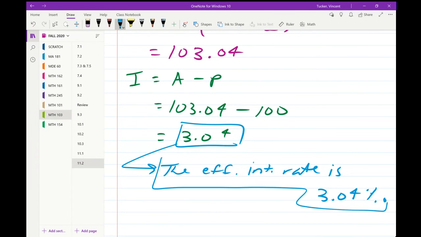All right. Questions on anything? All right, so that's it for 11.2.